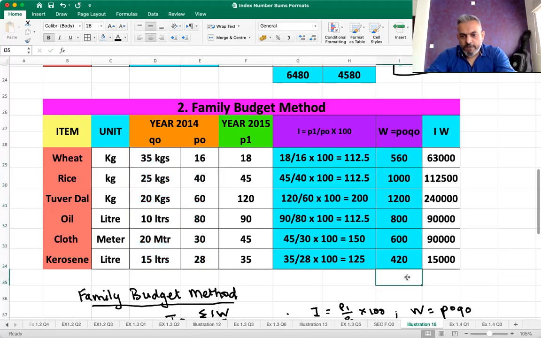Now we have to find out the total of sigma W and sigma IW.